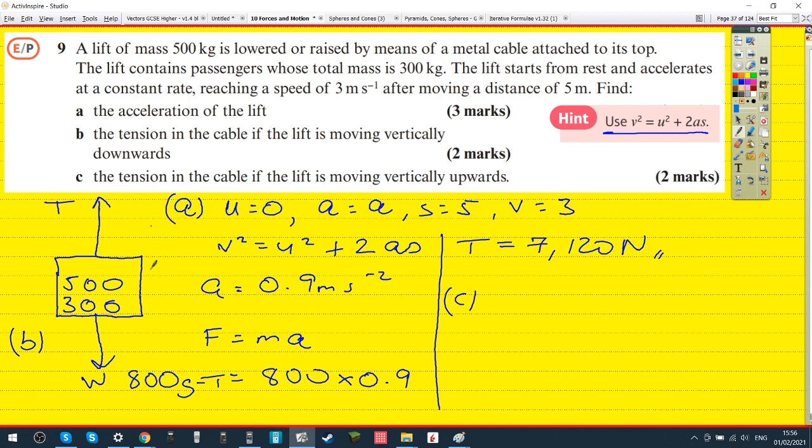See, it's now moving upwards, and so tension would have to be bigger than weight for it to accelerate upwards at 0.9 meters per second squared. For the first one, it was weight minus tension. I believe now it would be tension minus weight.